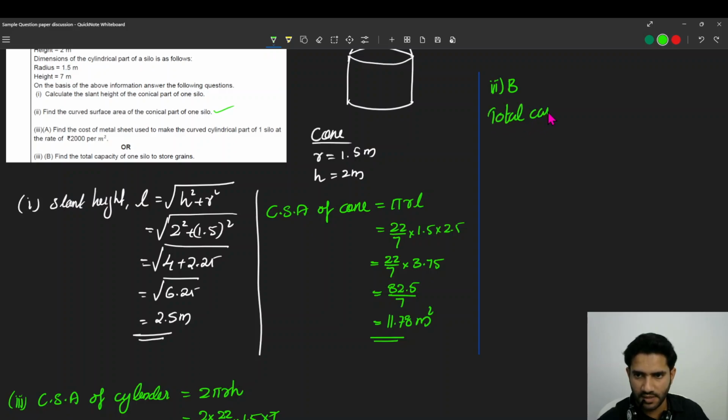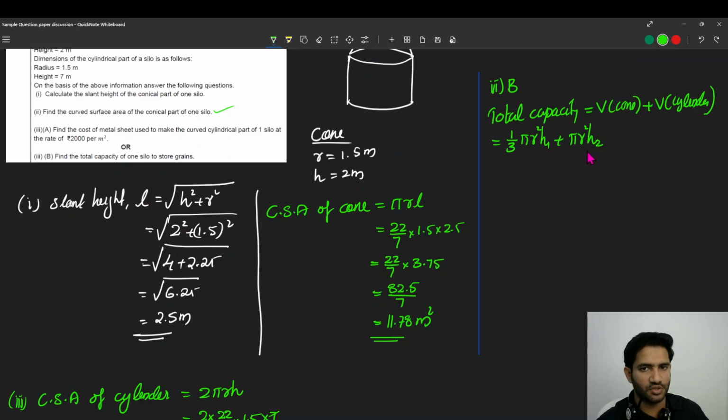Total capacity is equal to volume of cone plus volume of cylinder. Volume of cone is 1 by 3 pi r square h, volume of cylinder is pi r square h. But here there is a problem because the heights are not equal, so we separate the heights, h1 and h2.